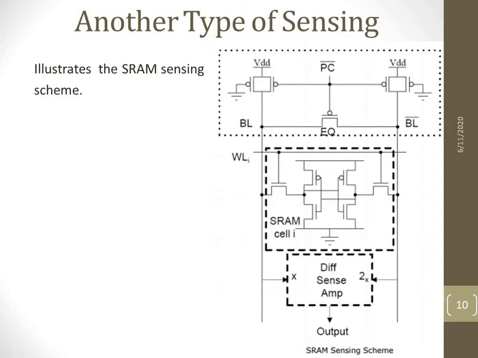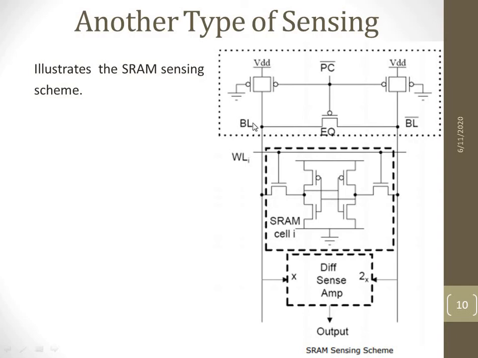Another type of sensing scheme, if you see here, is the differential sense amplifier, and this is the 6T SRAM cell, the complete 6T SRAM cell, and we have the equalizing MOSFET or equalizing transistor to equalize both the bit and bit bar lines from the supply voltages. These are the pass transistors where they pass the supply voltage VDD, and through the equalizing MOSFET the bit and bit bar are equalized.